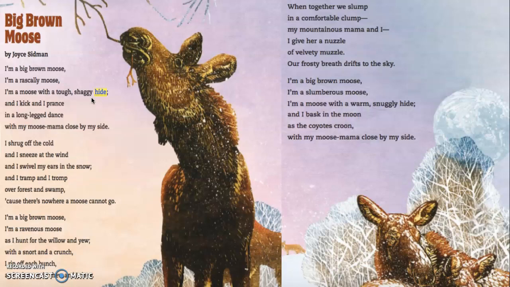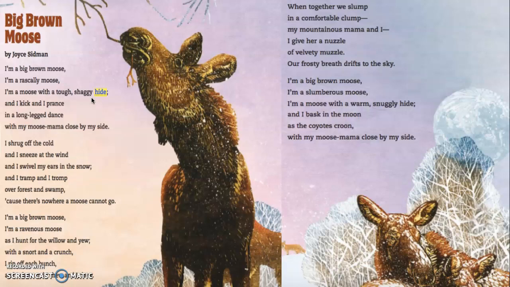I'm a big brown moose. I'm a ravenous moose, as I hunt for the willow and the yew. With a snap and a crunch, I rip off each bunch, and I chew and I chew and I chew. When together we slump in a comfortable clump, my moose mama and I, I give her a nuzzle, a velvety muzzle.